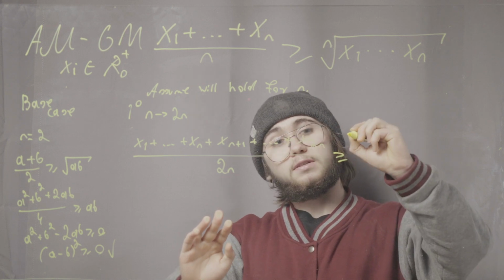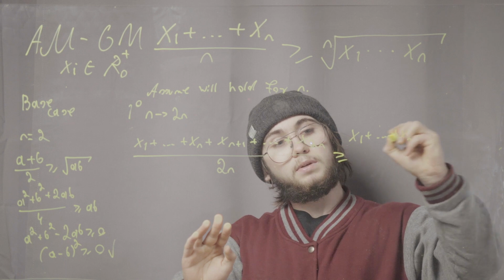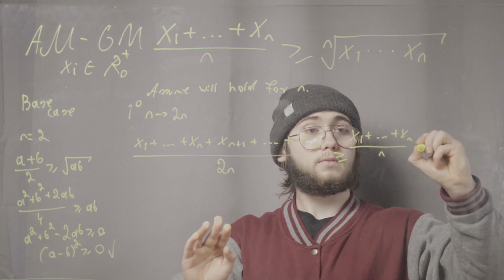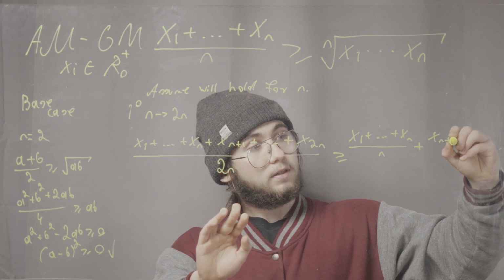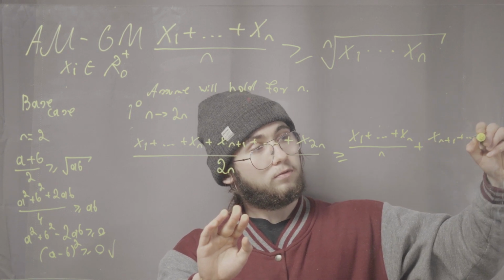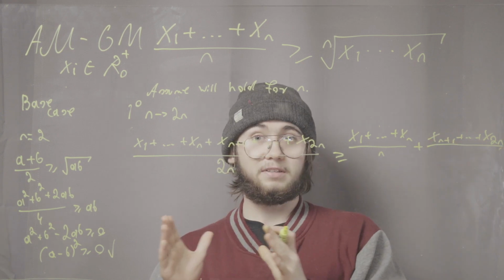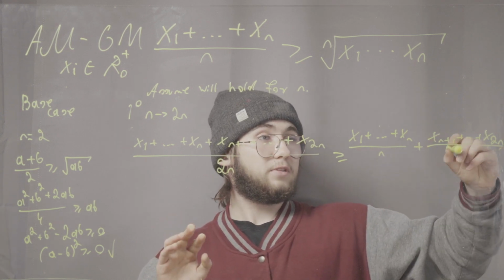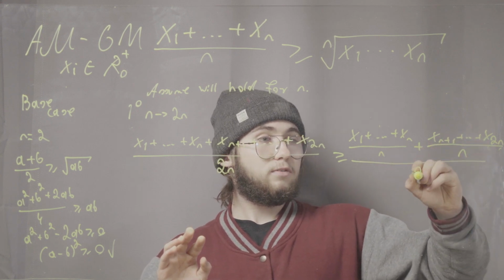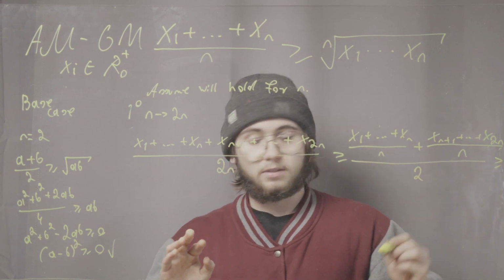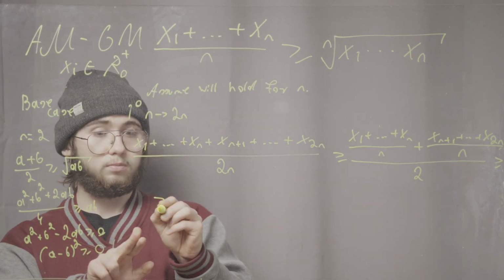Because I can rewrite it as the arithmetic mean of the first n x's, then the arithmetic mean of the second group of those n terms, so from n plus 1 up to 2 times n, and then everything divided by 2. Why is it nice? Okay, see it properly. Bear with me.